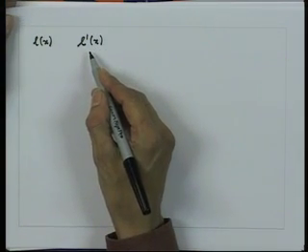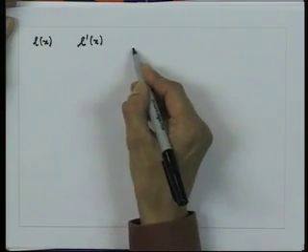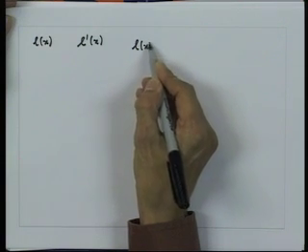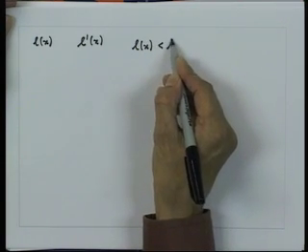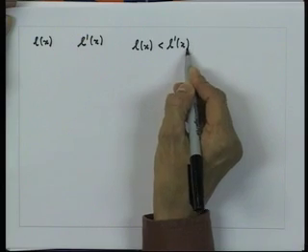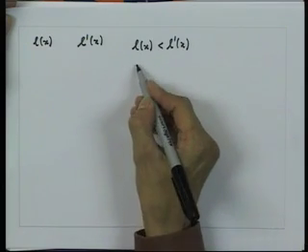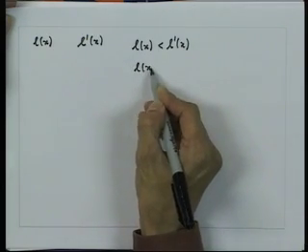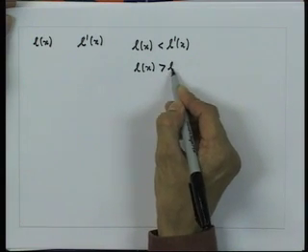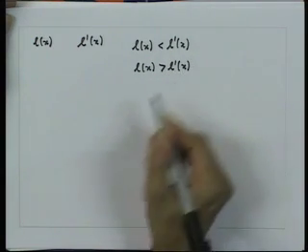Then what one would like to ensure is that Lx is less than L dash x more often than Lx is greater than L dash x.